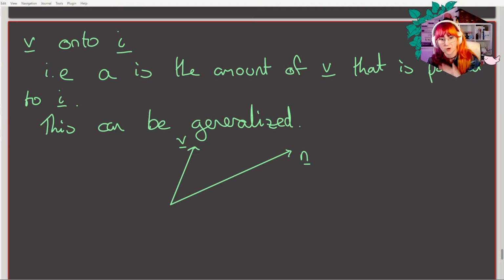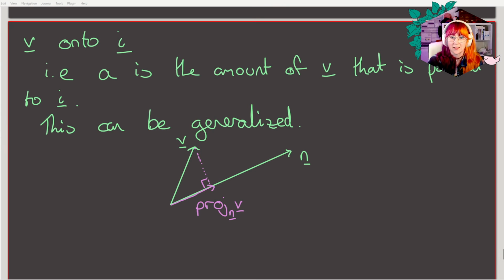So the amount that v goes in the direction of n is the amount that it's parallel. So this vector here is what's called the projection in the direction of n of v.